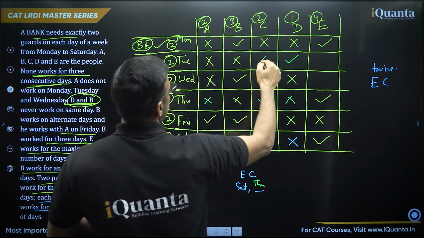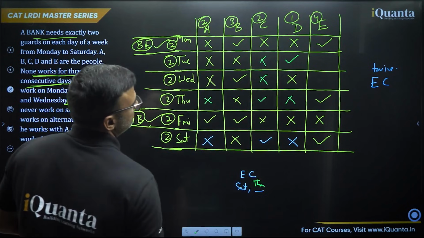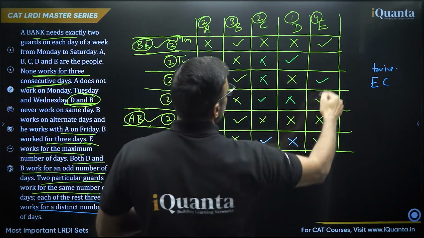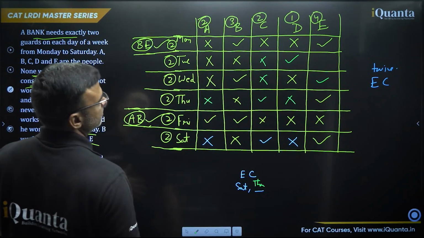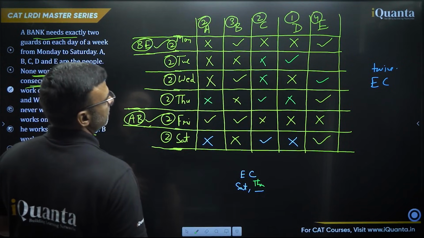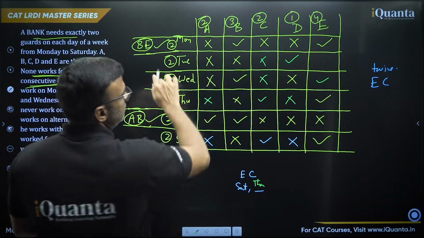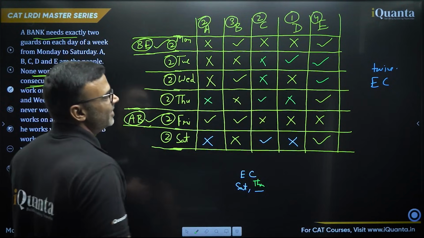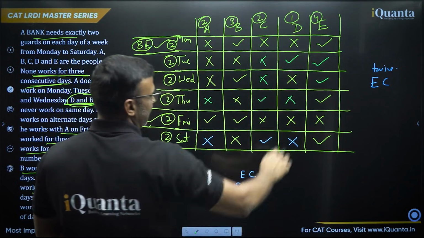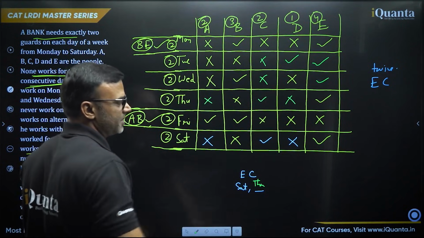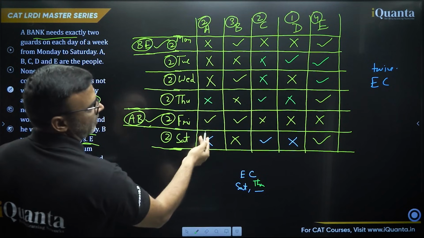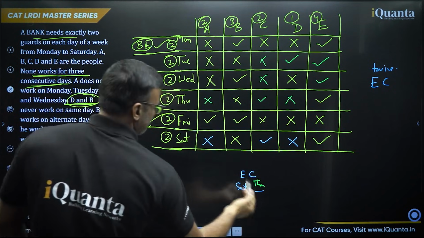Then C cannot work on Tuesday and Wednesday. Then on Wednesday E has to work, and on Tuesday also E has to work. So this is working on 5 days, so that is wrong. Another thing, we could have ignored this in the beginning itself. A has to work for one more day which is not fulfilled. Alright, so this Thursday is wrong, so I'm going to remove that.